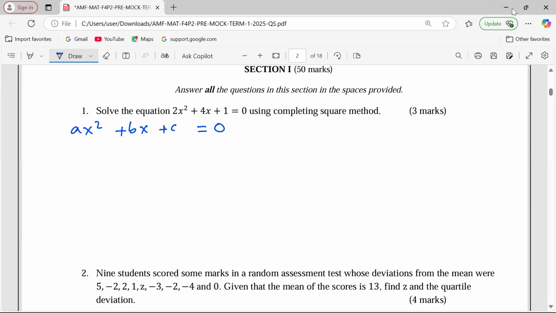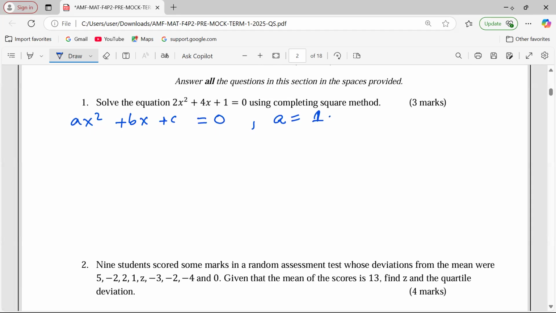This is the general quadratic equation. Now we ensure that the value of a is equivalent to 1. To ensure that the value of a is 1, we have to divide through by 2, so that we get our equation now as x squared plus 2x plus half equals 0.